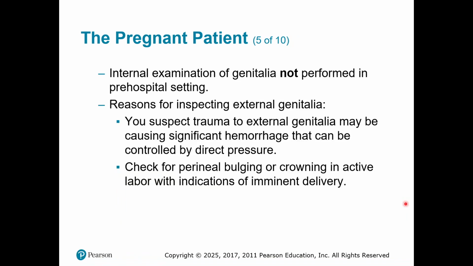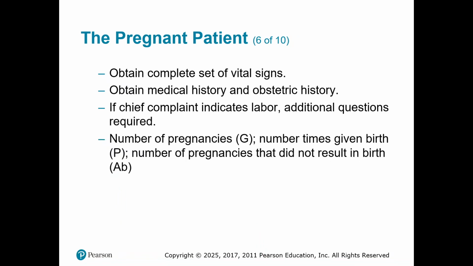Reasons for inspecting external genitalia: you suspect trauma to the external genitals, which may cause significant hemorrhage that can be controlled by direct pressure. And check for perineal bulging or crowning in active labor, or indications of imminent delivery. So you want to look to see if there's crowning.